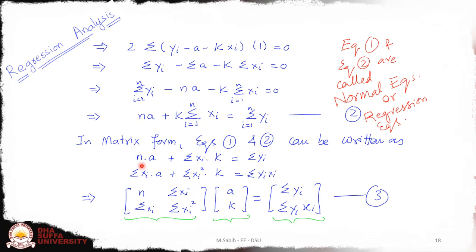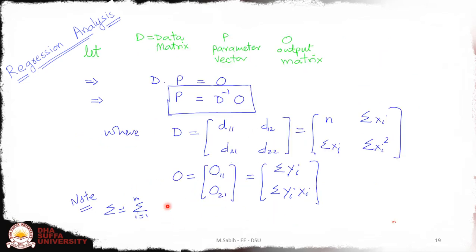Equations 1 and 2 can be rewritten as one matrix times this vector equals another matrix. So this is the parameter vector, and this is like the data vector, so I call them the data matrix, the parameter vector, and the output matrix. I call them D times P equals O, and taking the D matrix to the other side, we have to take the inverse.